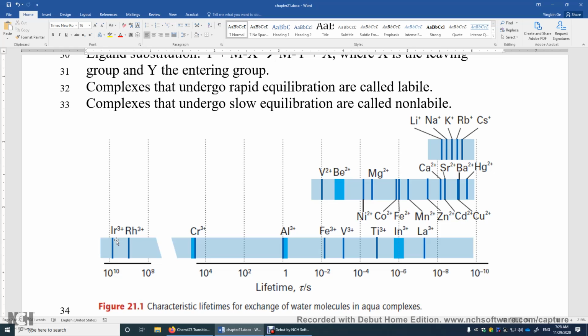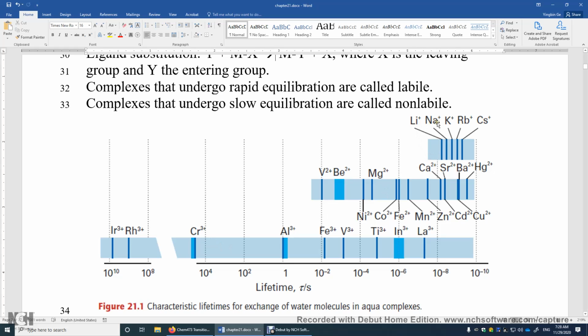So we're looking at the exchange between the aqua ligands that are bonded to this iridium transition metal center and the free solvent water molecules. And you can see the lifetime is 10 to the power of 10 seconds. This is really slow. And obviously, we can say iridium 3+ is a non-labile transition metal. This is non-labile. This is non-labile. Non-labile.